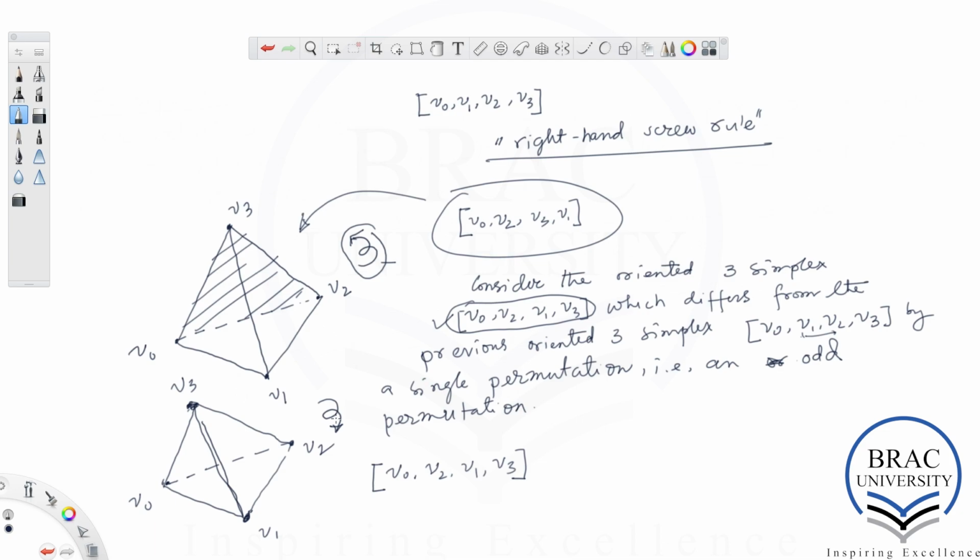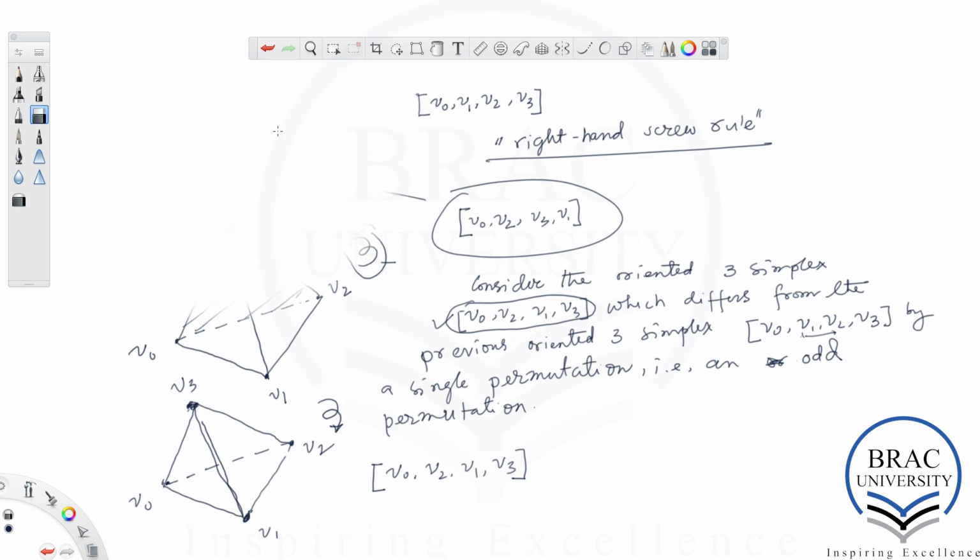So this is the other orientation that one can have on a 3 simplex.